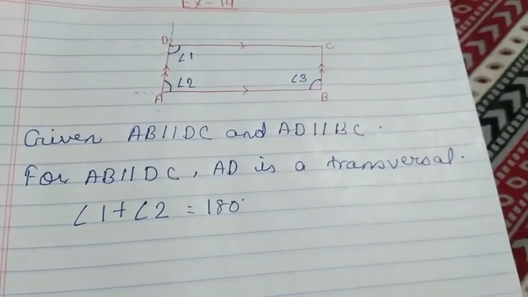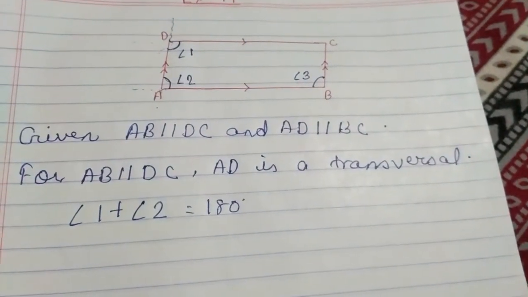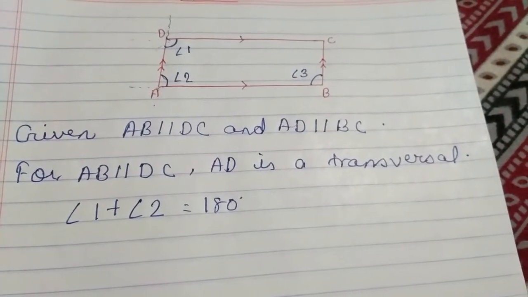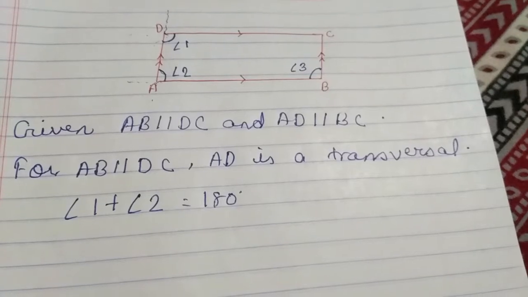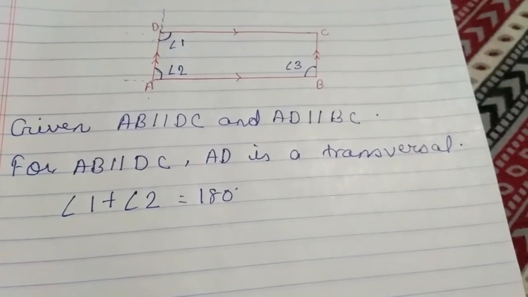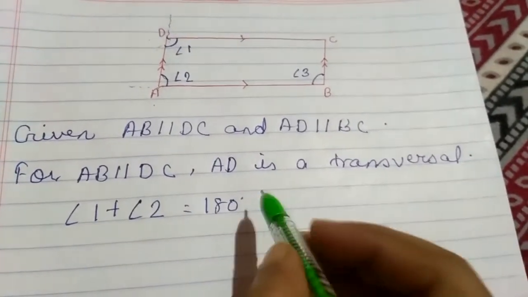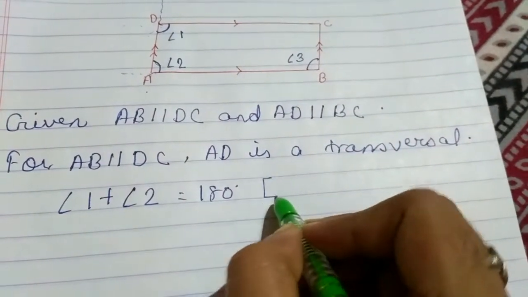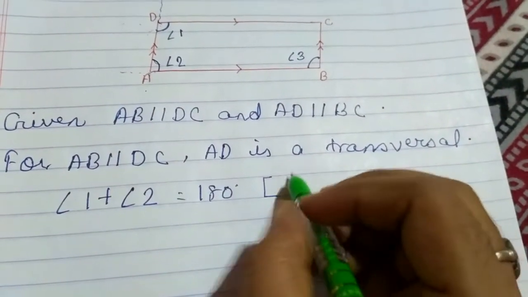And one thing is very important: always put the property when you solve any parallel lines questions. So don't forget that, write the property.